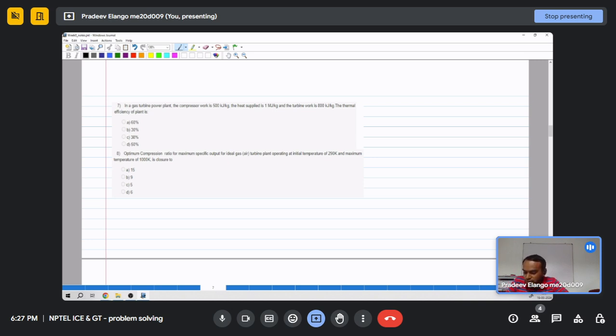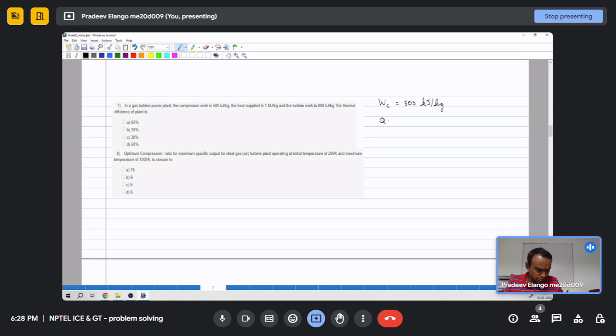In a gas turbine power plant, compressor work is 500 kJ per kilogram. The heat supplied is 1 megajoule per kilogram, and the turbine work is 800 kilojoule per kilogram. The thermal efficiency of the plant is, how can we find? So the compressor work WC is given as 500 kilojoules per kilogram.